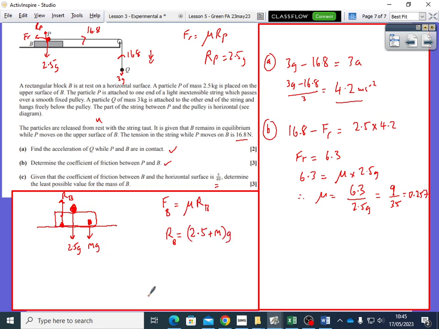Okay, just factorize that, and we know that here mu, therefore friction, is going to be 5 over 49 multiplied by 2.5 plus mg. Okay, so that's my friction of B with the table.